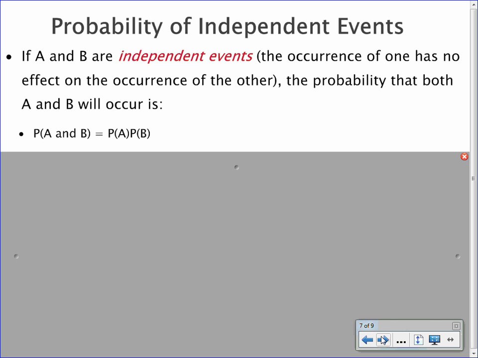Non-independent event. Drawing a card from a deck and not putting it back is going to have an effect on me drawing the next card because there's less cards in the deck. Okay? So independent events, they're not going to affect each other. So if we are independent, if we want to find the probability of A and B, then we can simply multiply the two together.